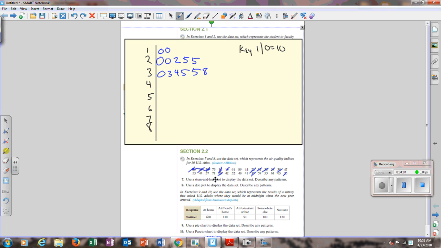On to the 40s. I see a 41, 42, 42, 44. This would be 1, 2, 4, and 4. 47, 48.